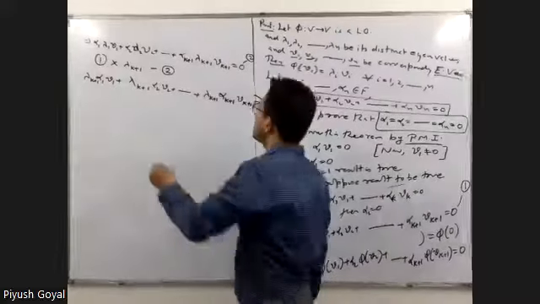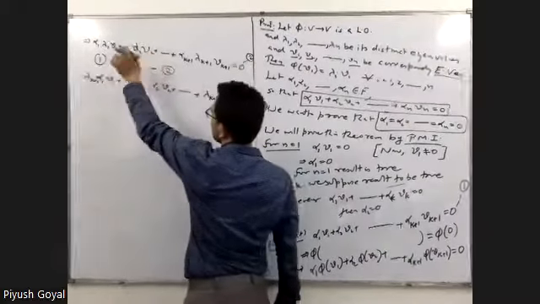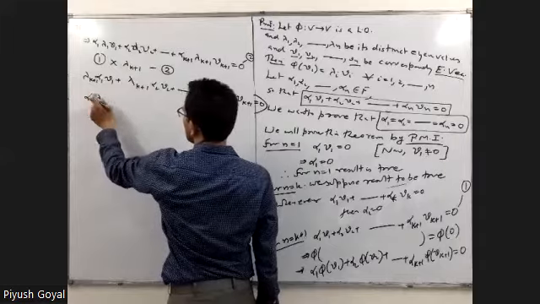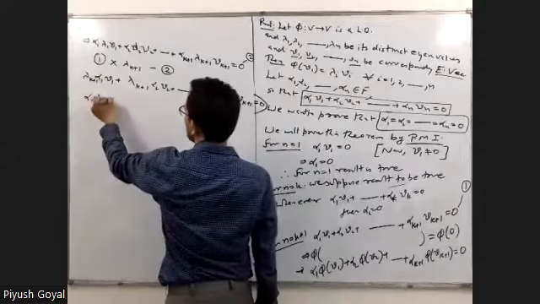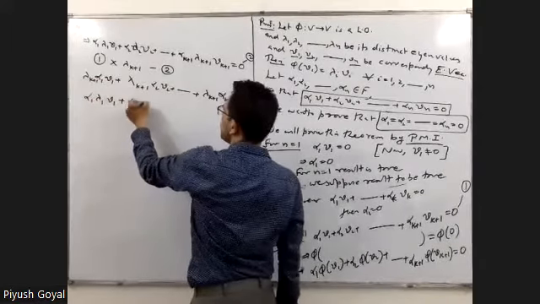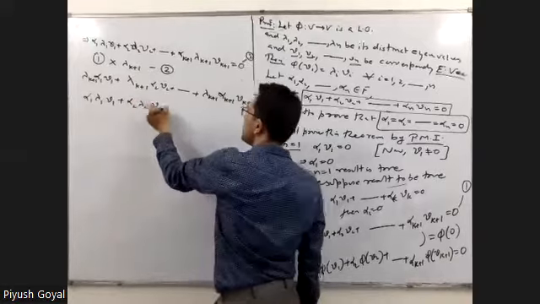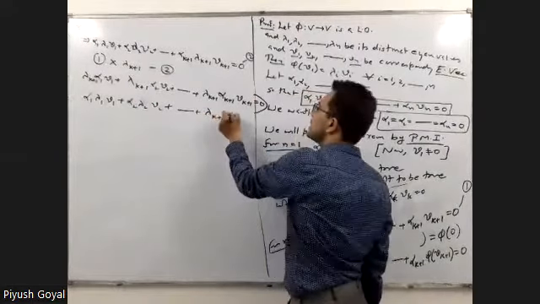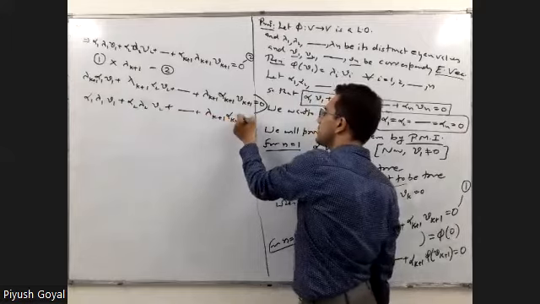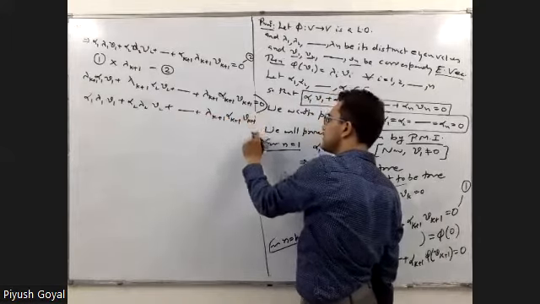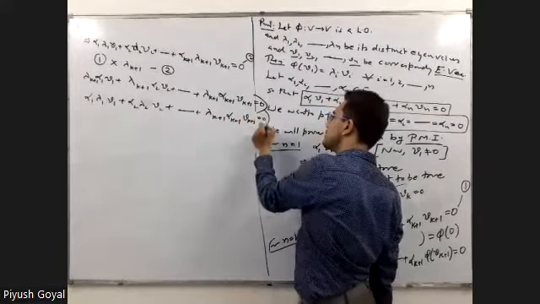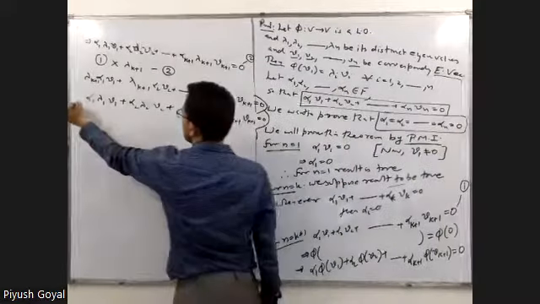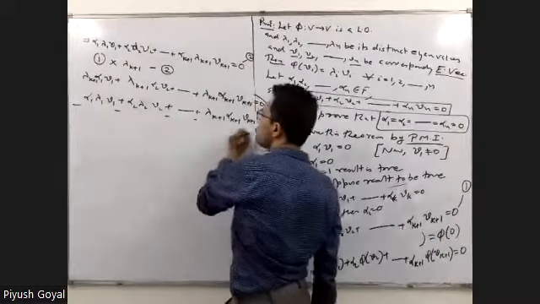Clear everything? So now you have this thing as 2: alpha 1 lambda 1 v1, then alpha 2 lambda 2 v2, up to so on alpha k plus 1 lambda k plus 1 vk plus 1. This thing is equal to 0. Okay. You subtract this, all signs will change.